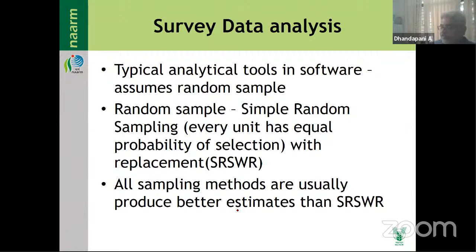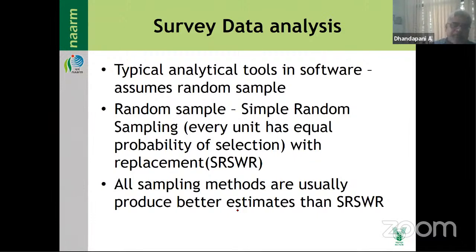Then whatever may be your selection method, you are treating your data as if it is generated from the worst possible sampling design you can think of, that is simple random sampling with replacement.